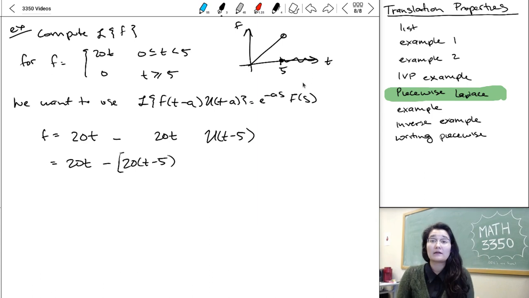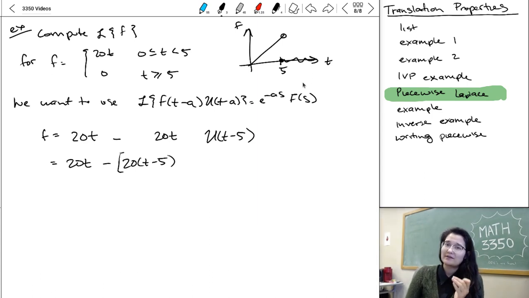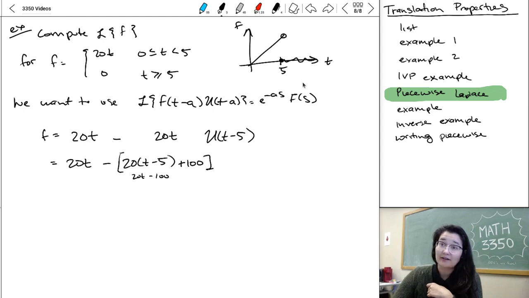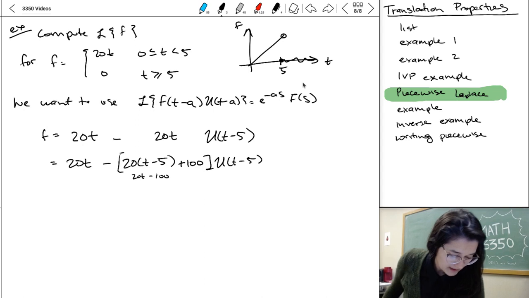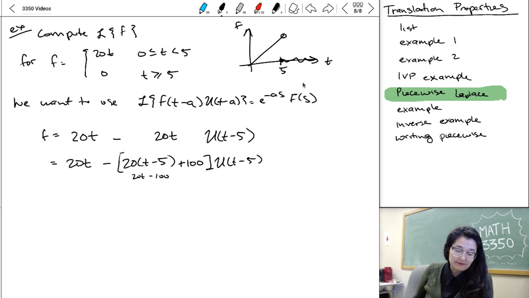So I say, okay, I want 20t, I will take 20 times t minus 5. That's going to be 20t minus 100. In order to balance that out, I just have to add an extra 100. And then multiply by u of t minus 5.